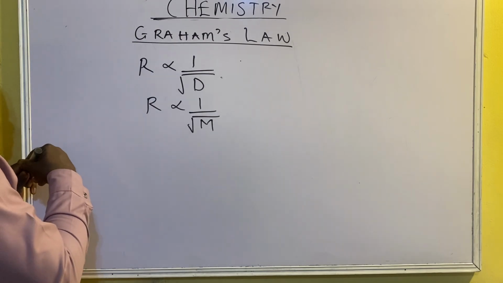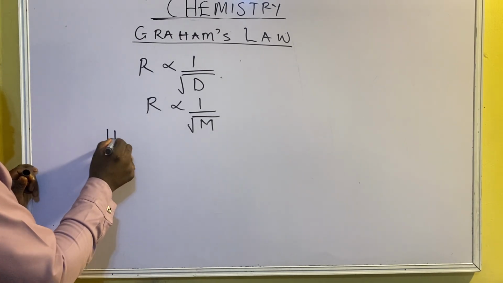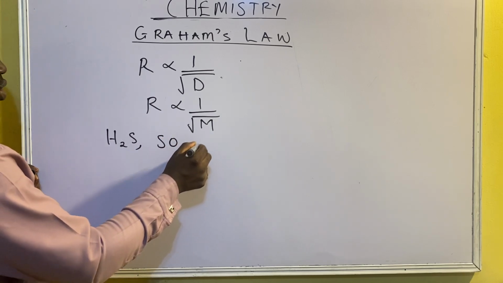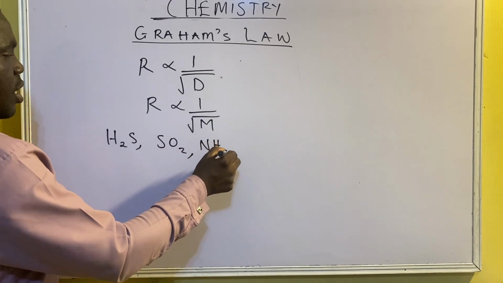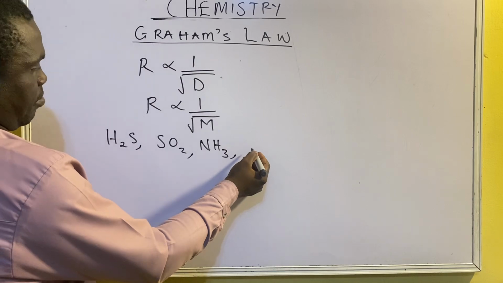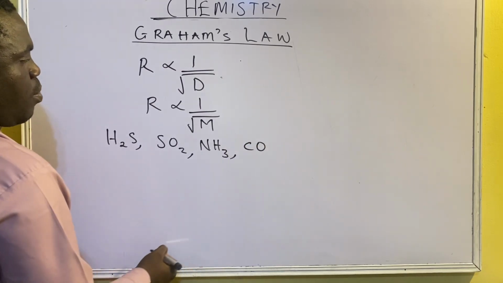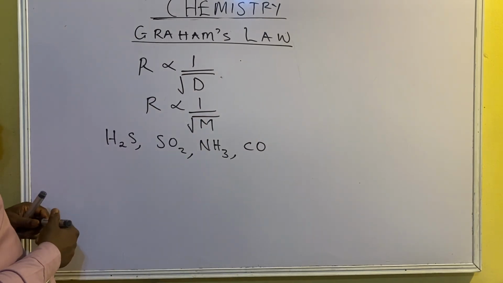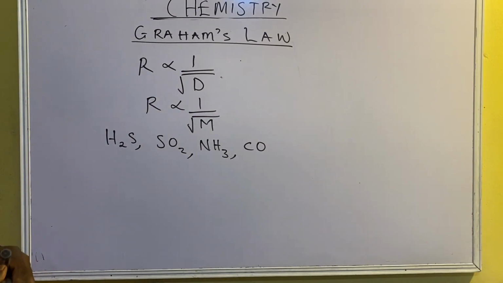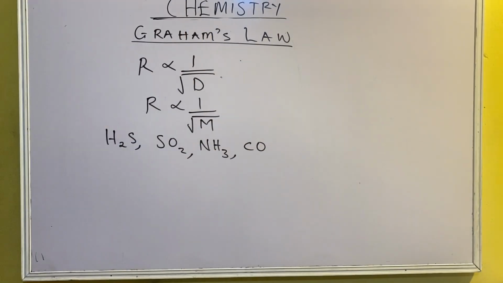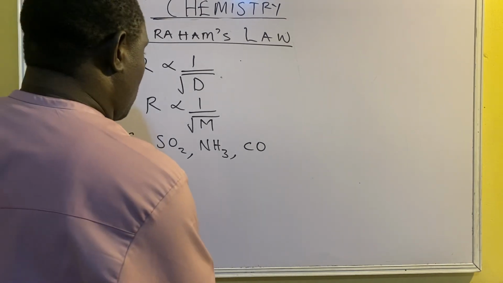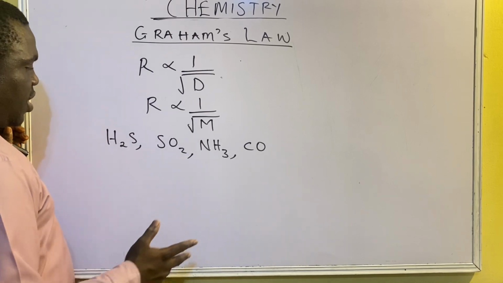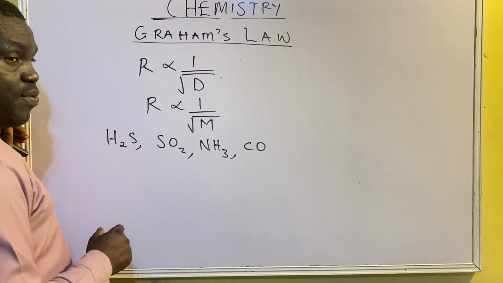Let's look at something quickly. Suppose you have hydrogen sulfide, sulfur oxide, ammonia, and carbon monoxide or carbon dioxide, and all of these are there, and you are asked to arrange them in order of decreasing or increasing diffusion.